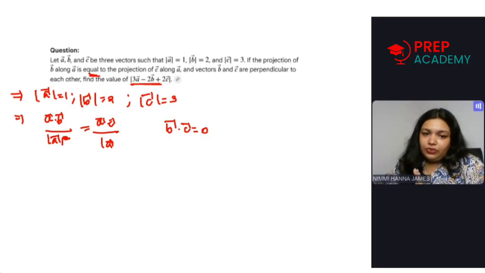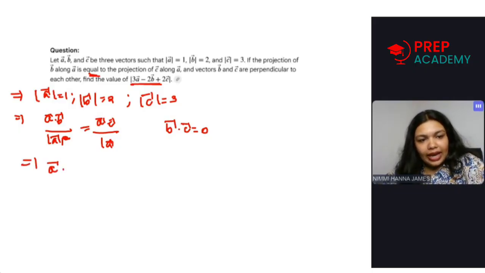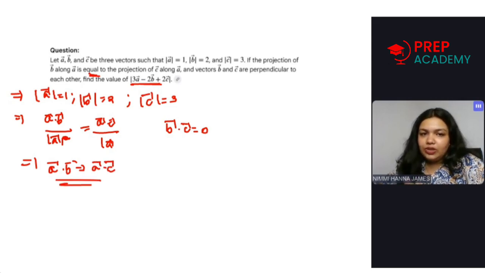Now we want to find the value of this. Also from this, the denominators are same, right? A dot B by mod A is equal to A dot C by mod A. If the denominators are same, then the numerators also must be the same. So from this we get A dot B is equal to A dot C. And B dot C is equal to 0. All of this information we have.